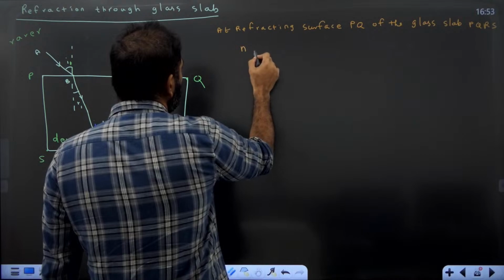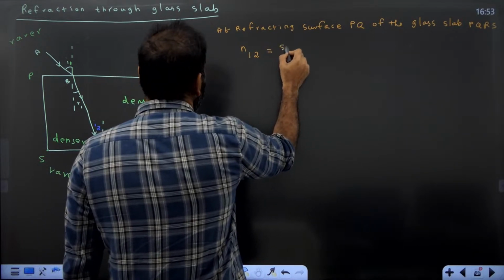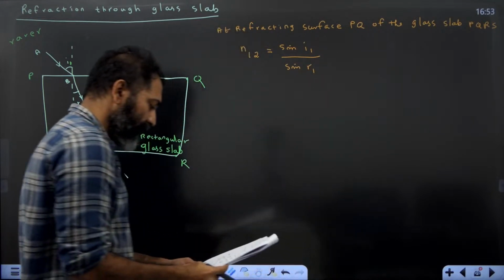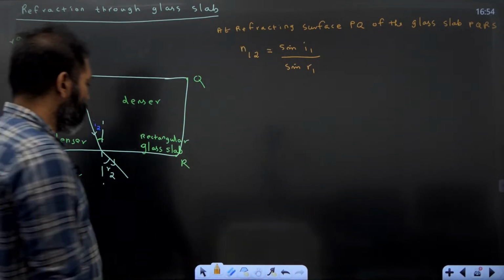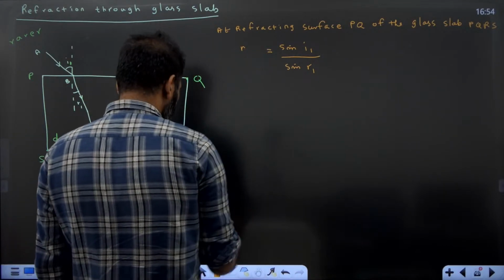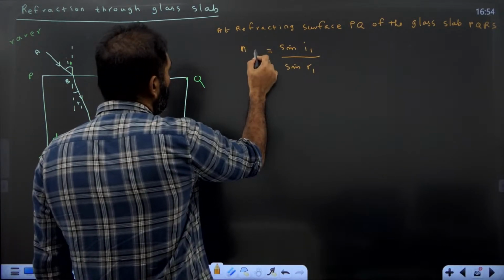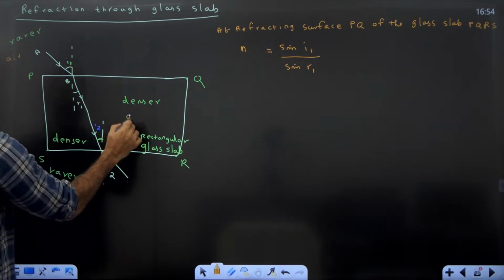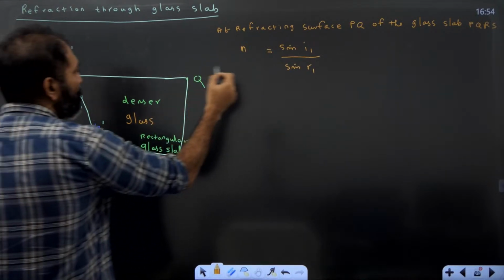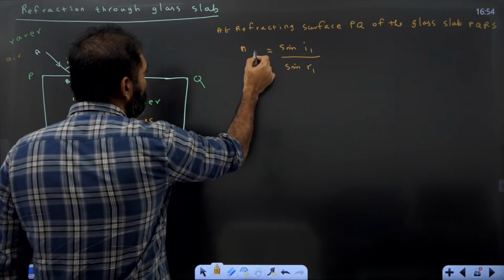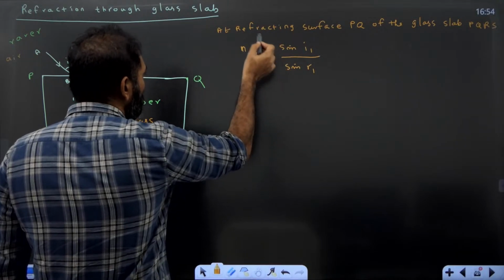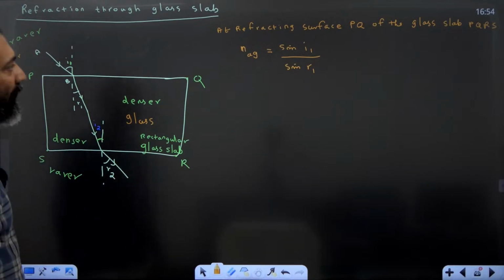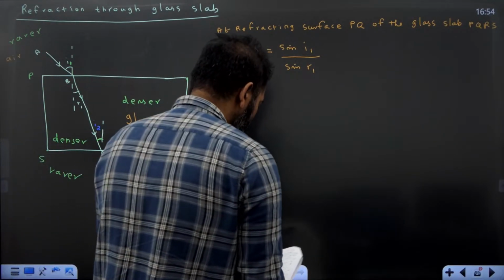So the refractive index of the second medium with respect to the first is sin I1 by sin R1. Instead of 1 and 2, I am writing air to glass. The medium which light has entered is glass, the second medium. The medium from which the light ray started is air. So the refractive index of glass with respect to air is equal to sin I1 by sin R1.